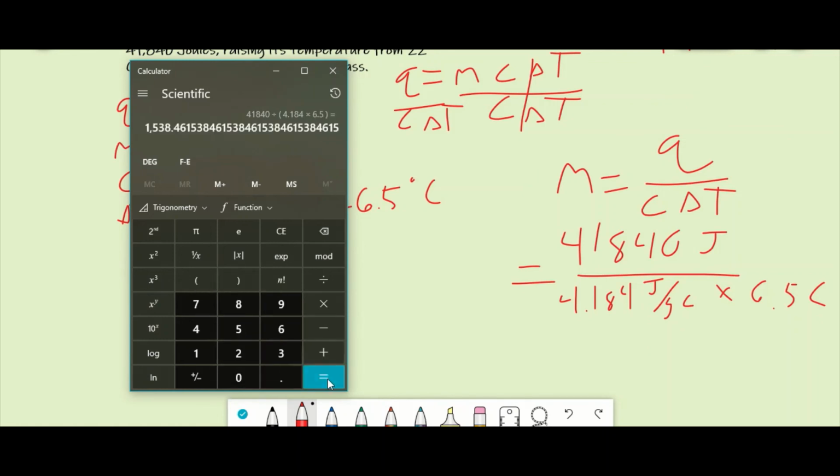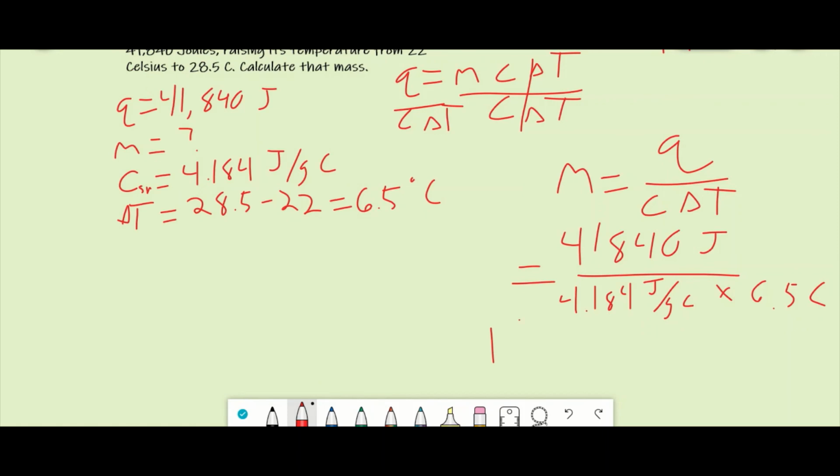And then remember, you still have to press equal, so you get the final answer, which is 1,538.4615. We can round that to 1,538.462 grams. So it's only about 1.5 kilograms if you convert it to kilograms.